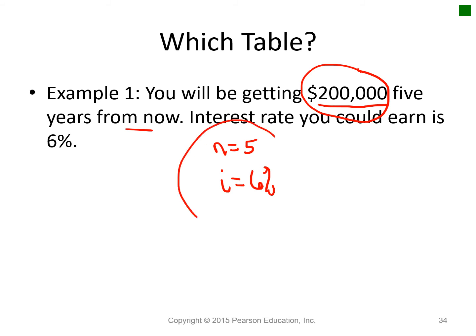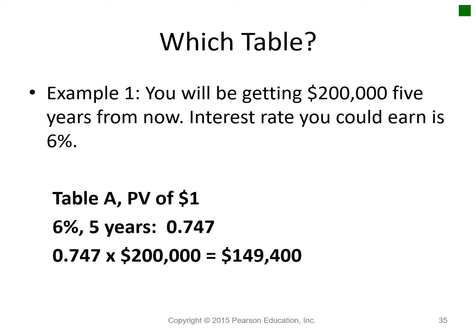So you'd go to the present value of $1 table to convert that into a present value. It's table A in your book. You'd use the present value of $1 with an interest rate of 6%, 5 years. You'd find a factor that's 0.747. You take that factor and multiply it by the future value. So remember, this $200,000 represents future value.